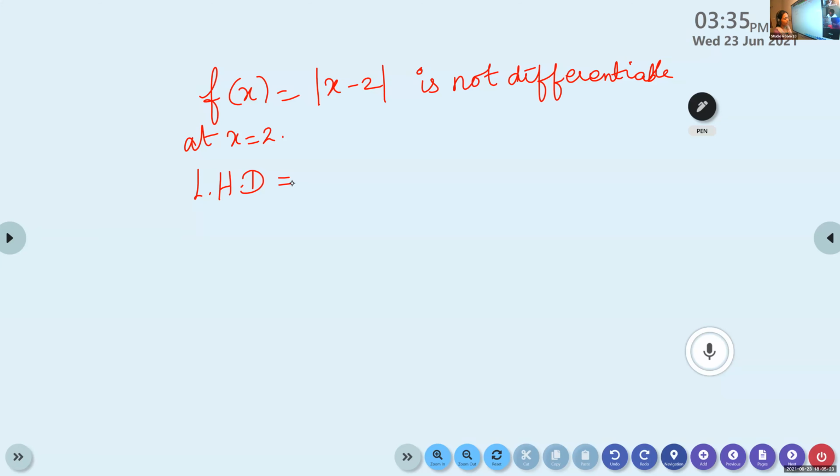Give the formula, Krishna Chandran. f of a minus h minus f of a by minus h.